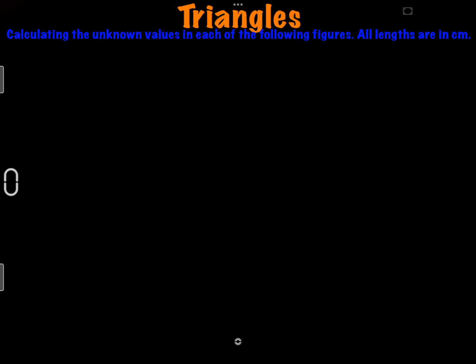Okay, one last example, we have G. Now G is another complex triangle. In fact, there are two triangles in this case. We have a triangle there. It's actually a right angle triangle. Looks like this.